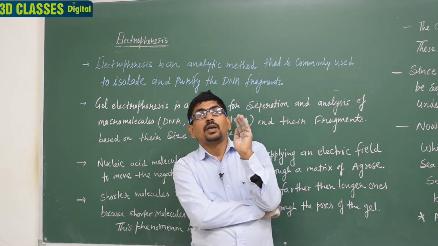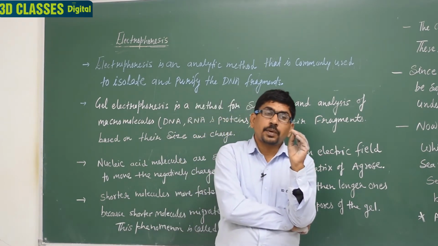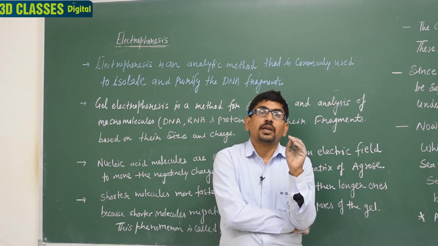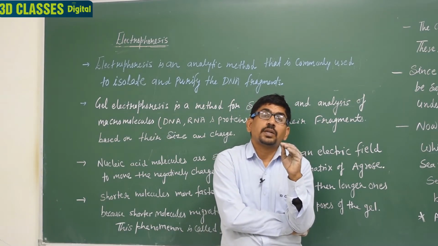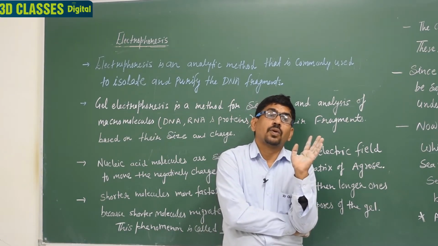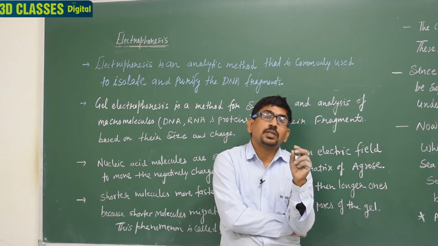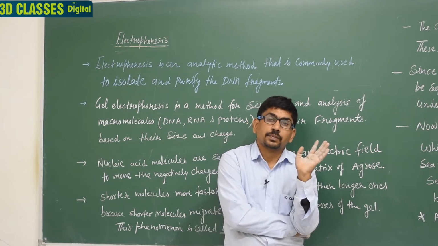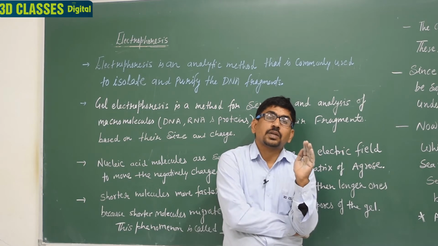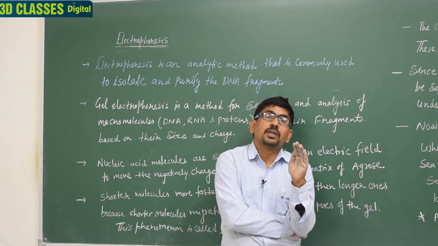A DNA is cut by different types of RE enzymes. So different segments of DNA are formed, and the lengths of these DNA segments differ.